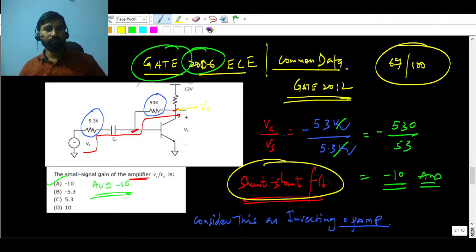There is a huge theory, but keep in mind for the present, this terminal is meant for shunt. So shunt feedback. I'm not going to confuse you.